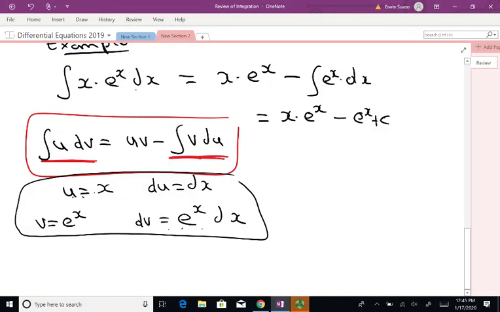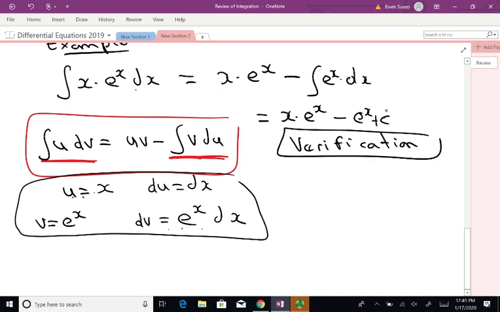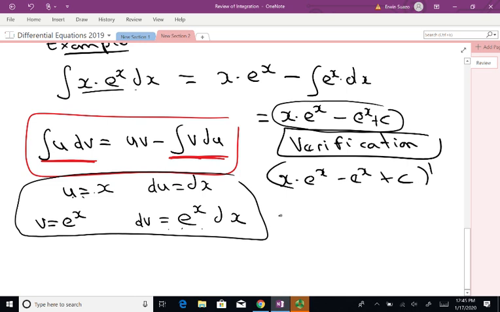So is this correct? Well, I can verify. So let's verify. The derivative of this guy has to give me this guy. Okay, so let's do it. So x times e to the x minus e to the x plus c, the derivative is the following. Product rule.